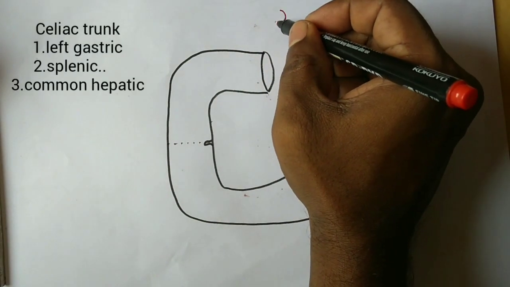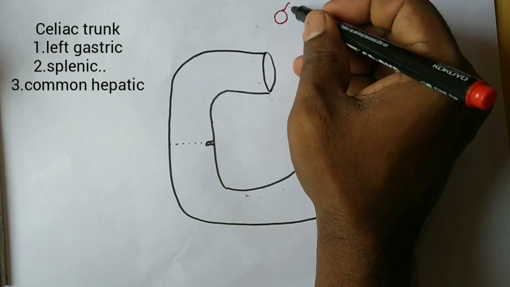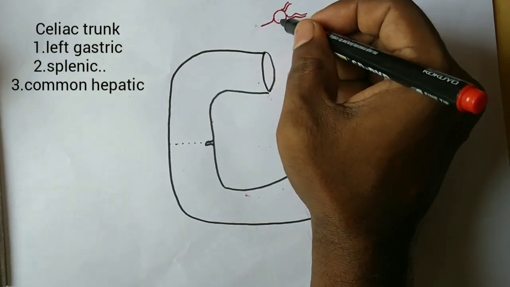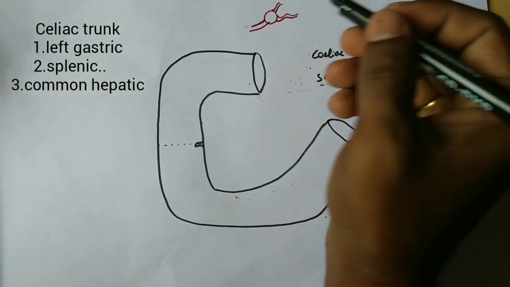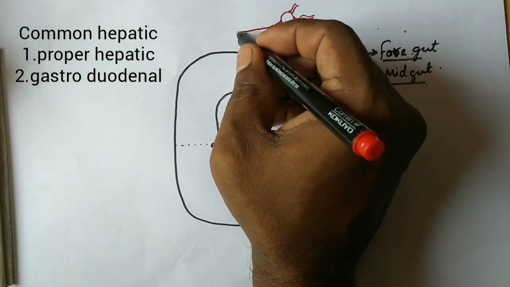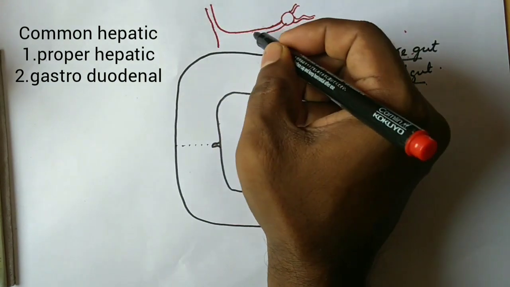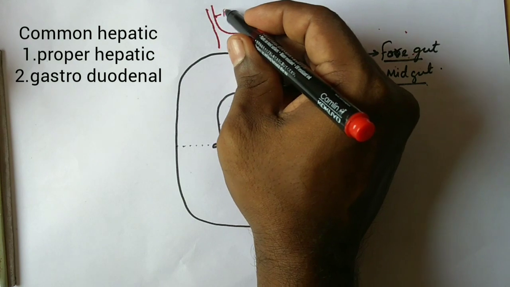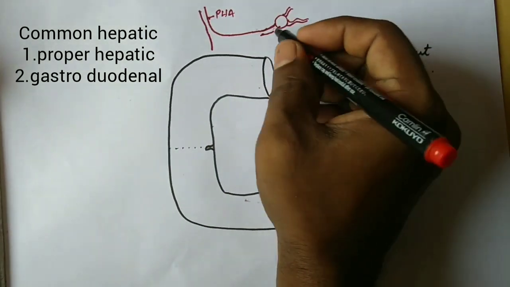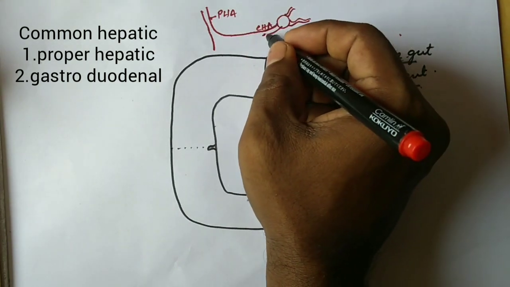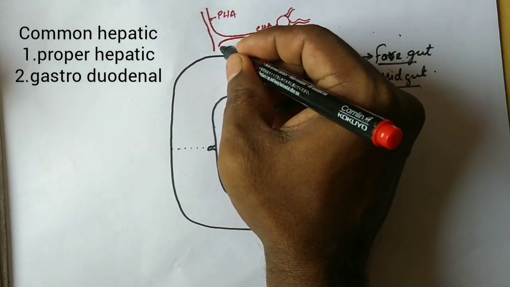So this is the celiac trunk, which will have three branches: the left gastric, the splenic, and the common hepatic. The common hepatic artery will divide into proper hepatic artery and the gastroduodenal artery.